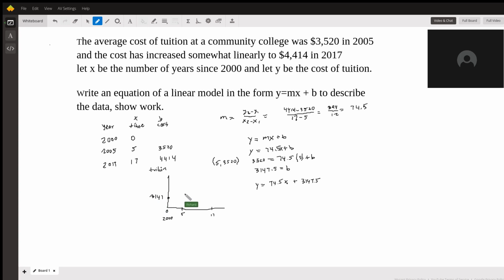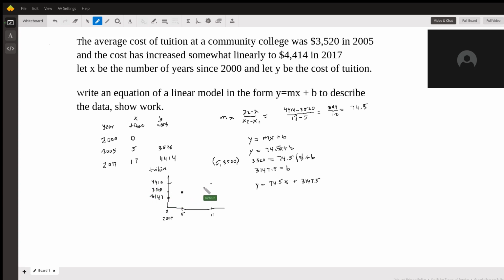And then it goes up to 35, so you have a point here. Let's call that 3520. And it goes up again to 44. Something like that. I can't draw this to scale, but you see the idea.